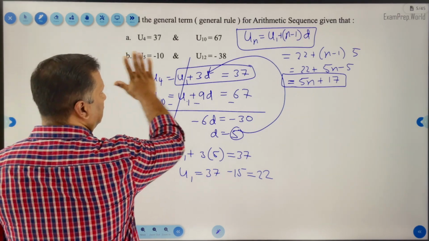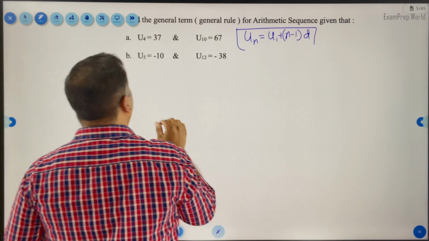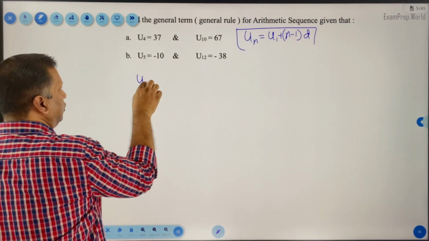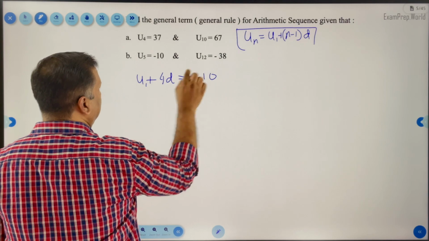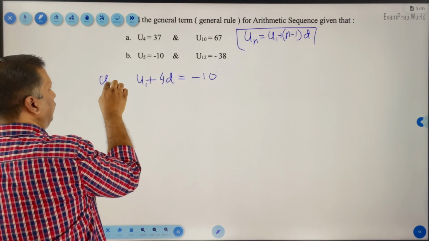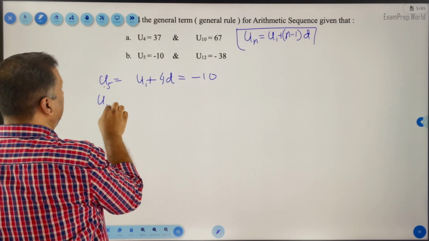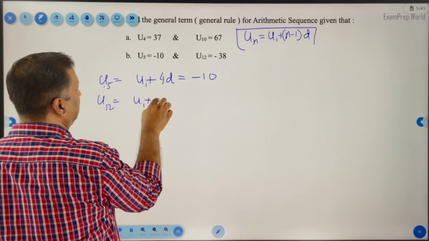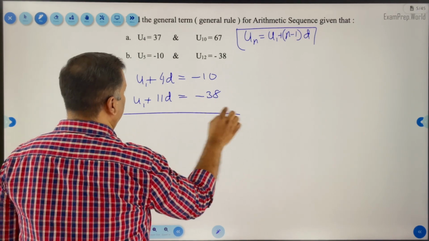Now they have given u5. So u1 plus 4d is negative 10, which is u5. And then they have given u12, which is u1 plus 11d equals negative 38. Let us subtract.